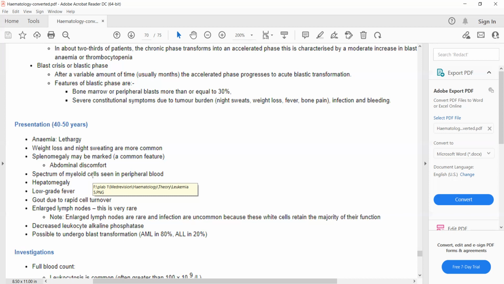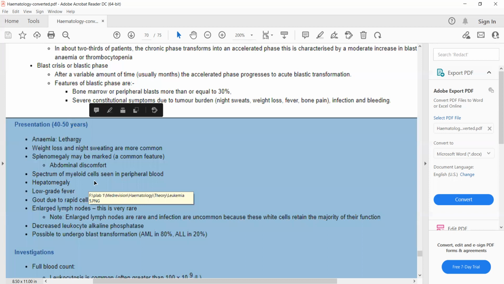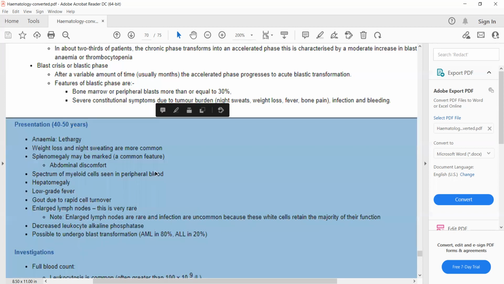That in CML, a peripheral blood film will show myeloid cells such as neutrophils, basophils, and eosinophils at all stages of maturation, while in CLL, the peripheral film will show lymphocytes. Hepatomegaly can be present in both.